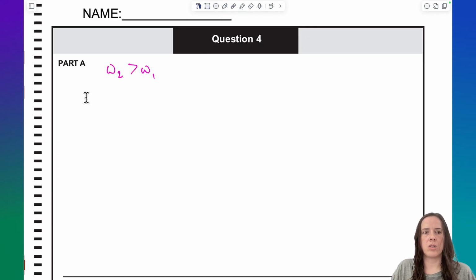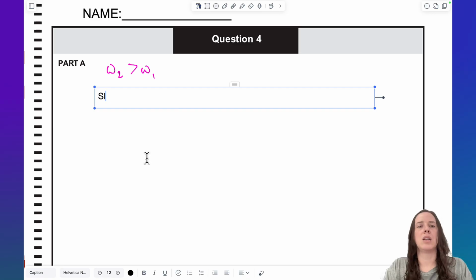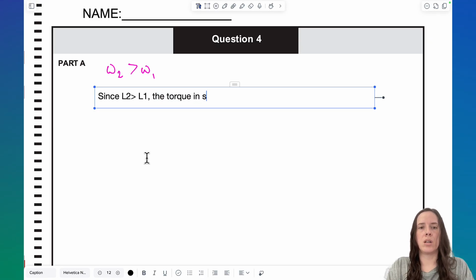Since L2 is greater than L1, the torque in situation 2 is greater than in situation 1. So greater L, greater torque.